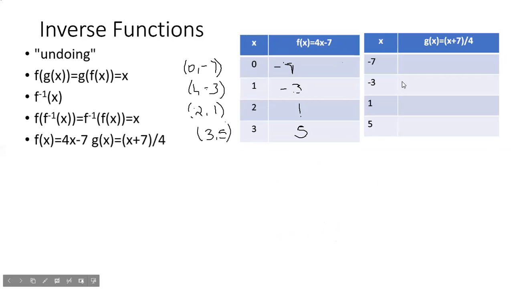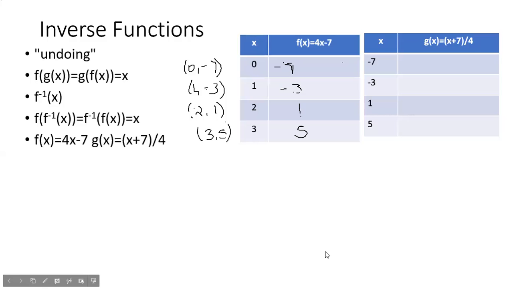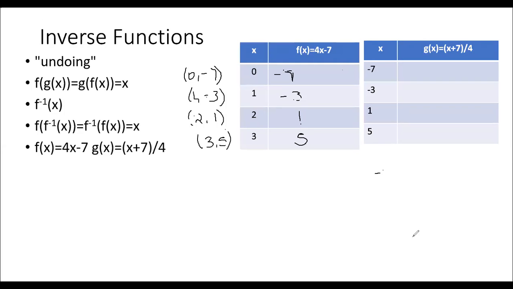Now we're going to take these same values that we got for f of x and plug those in for x in our g of x. So we have g of -7 is -7 plus 7 divided by 4.